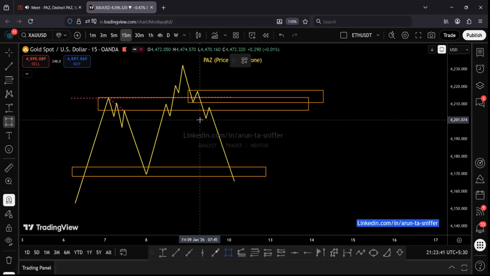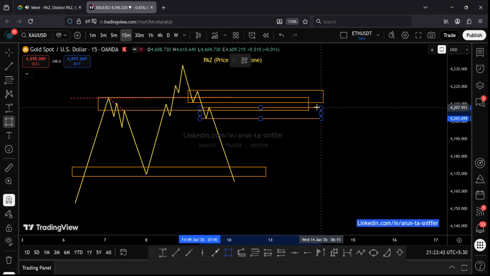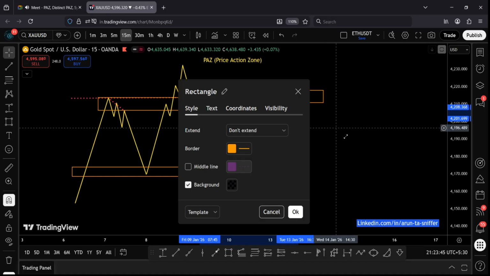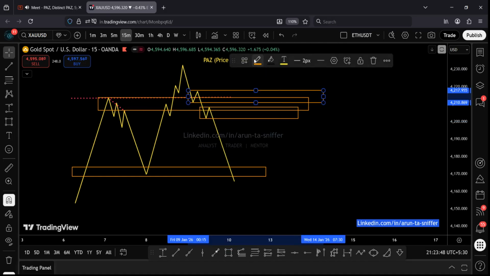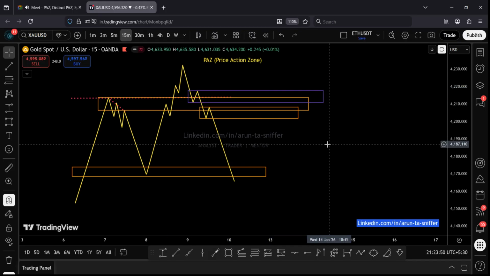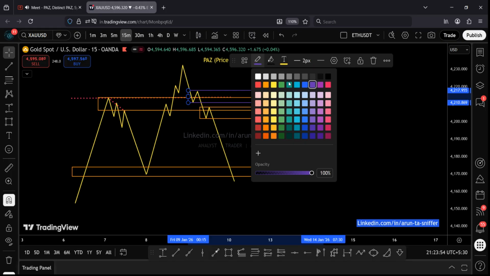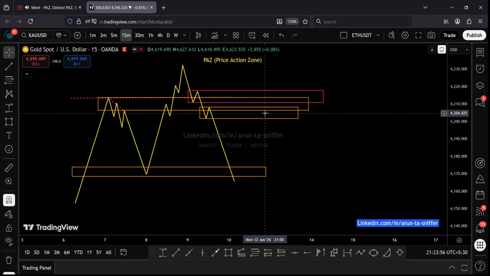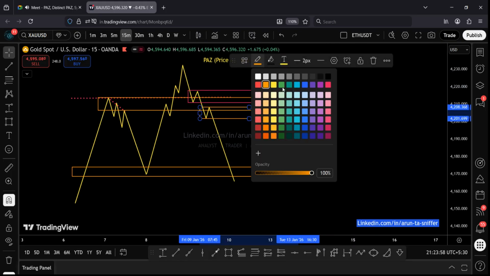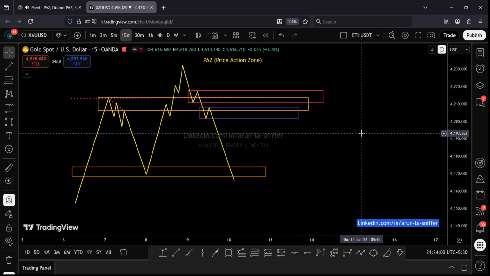One will work as LS, this will work as, let's change the color, like this, and one like this. Okay.